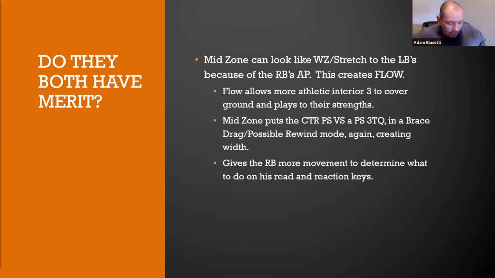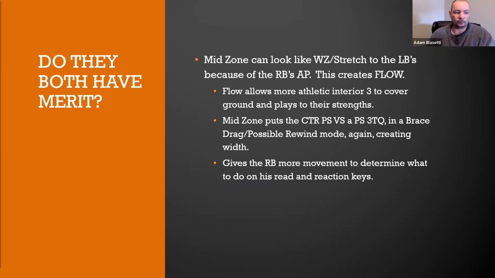Imagine if you can, we've got a 4-down front in front of us. We've got a 3-tech over our right guard and a 2-eye over our left guard. Tight zone will have the center take his first two steps way more shallow in the A gap, looking to rewind and double team the 2-eye.